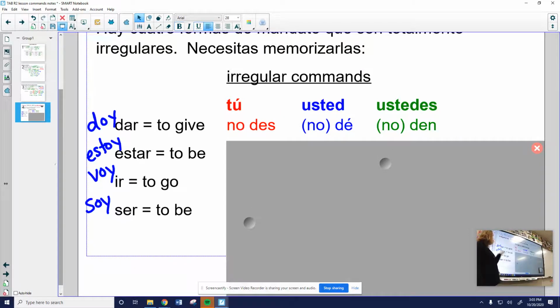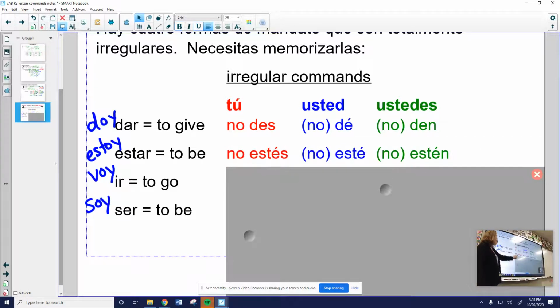The commands for dar are no des in the tú command, dé with an accent mark for usted, and den for ustedes, or no den, no dé. The commands for estar are no estés, esté or no esté, estén or no estén.